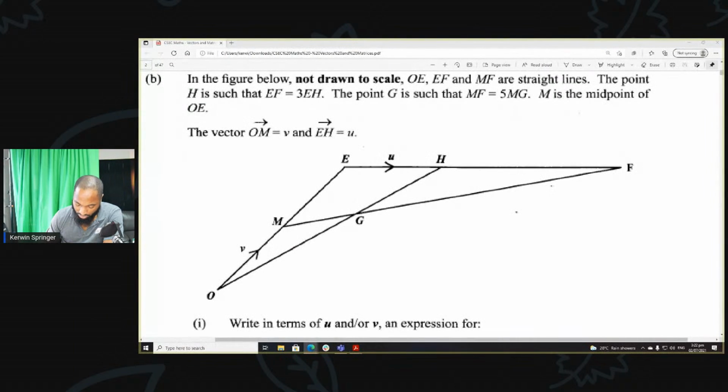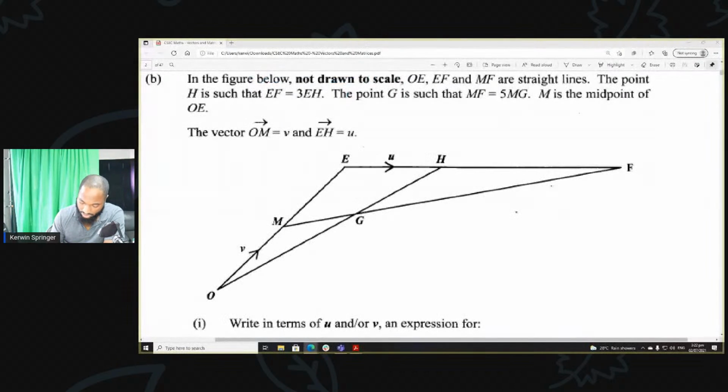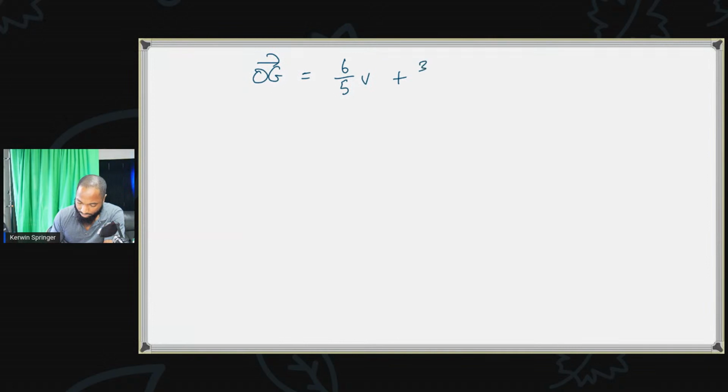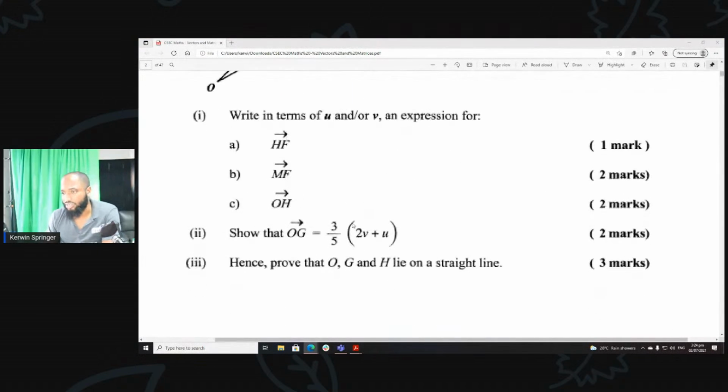And they say to prove, let's write it again. OG is 6/5 V plus 3/5 U. And what was the initial thing?